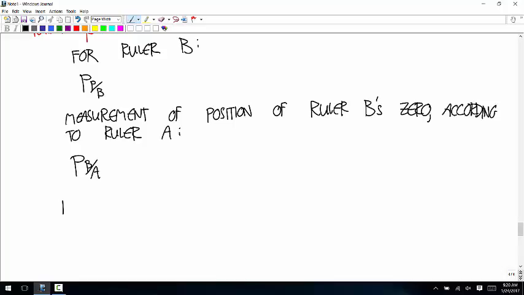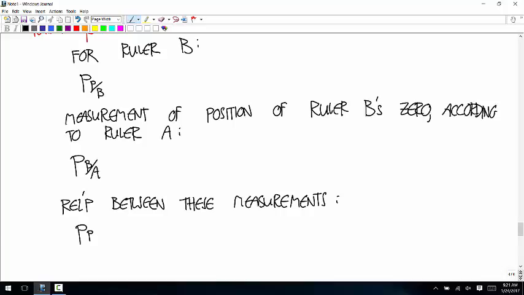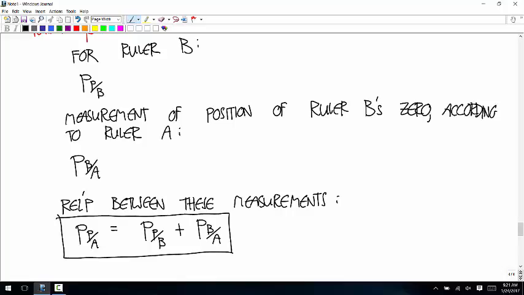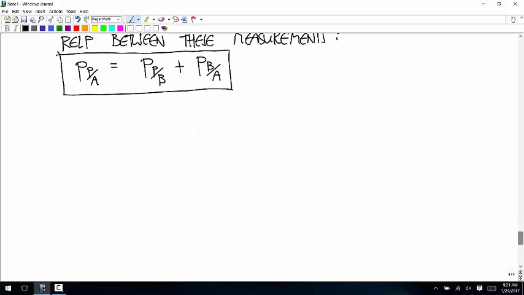And the relationship between all these measurements says the position of P relative to A is equal to the position of P relative to B plus the position of B relative to A. As a memory device, this isn't really based on real math.